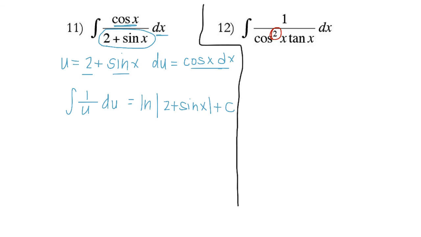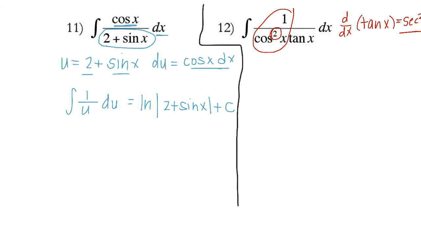We have to remember that when we take the derivative of the tangent of x, we get secant squared x. Oh, I miswrote that, didn't I? Let me fix that. And so we have to remember that in this process, because 1 over cosine squared x is secant squared x.